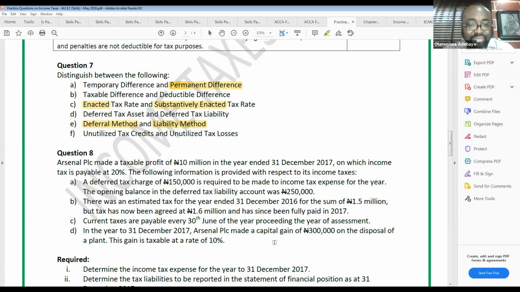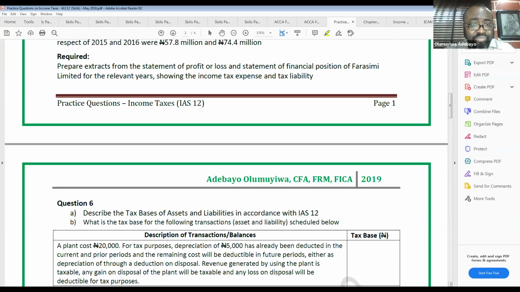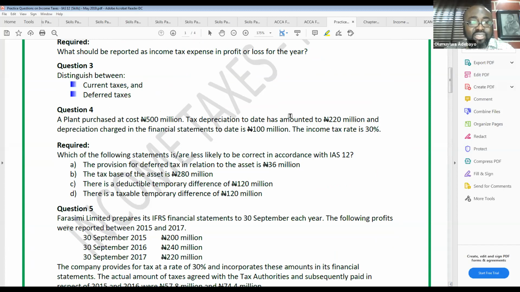Okay, now let me demonstrate with a little example of deferred tax. Practical example. Let me check one or two questions. Okay, let's look at this question 4.